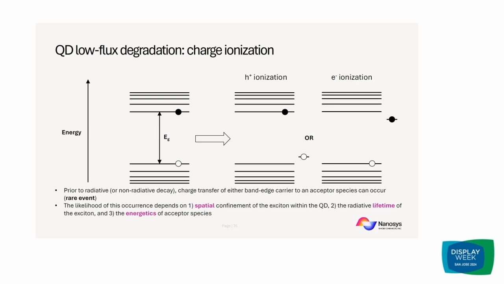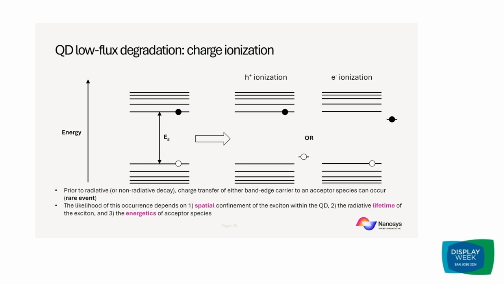There are a number of considerations that you can take from the material side to prevent this. Some of this has to do with spatial confinement of your excited state in the quantum dot. Again, this has to do with the building up of core shell structures and the ligands that you choose. Another element that can dictate whether this happens or not is the radiative lifetime of the material.